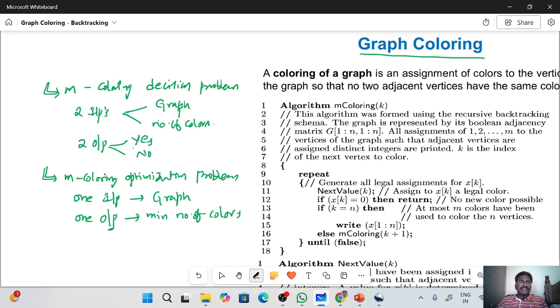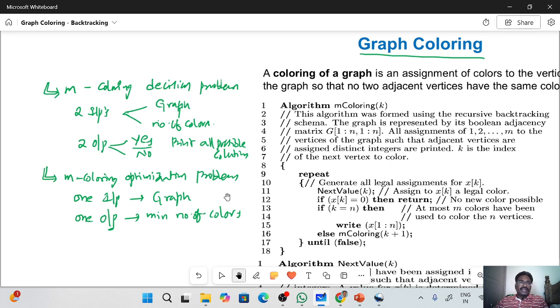And if it is yes, we try to print all possible solutions. That's why the graph coloring problem falls into the algorithm design technique of backtracking, because we try to find all possible solutions.